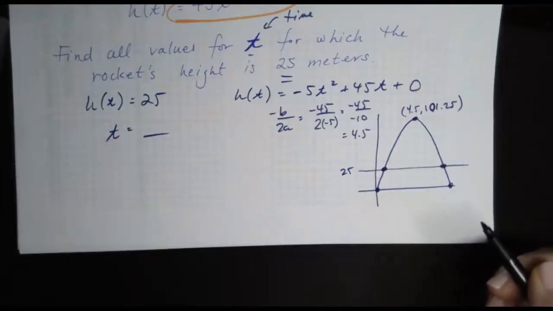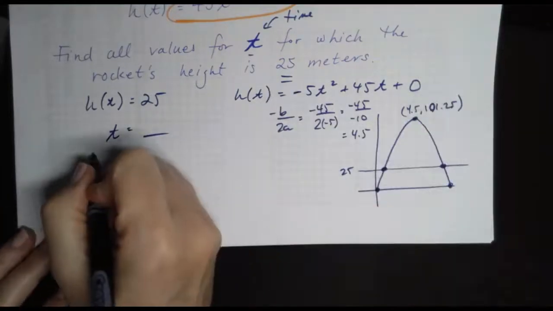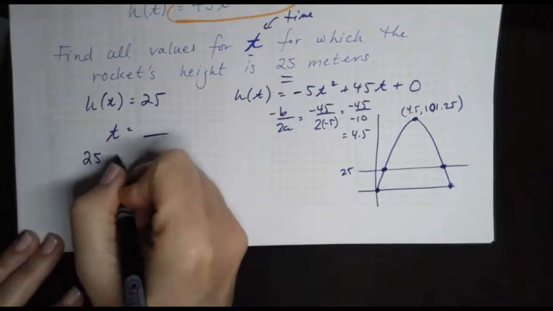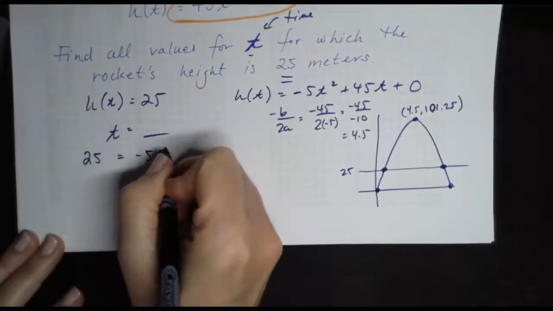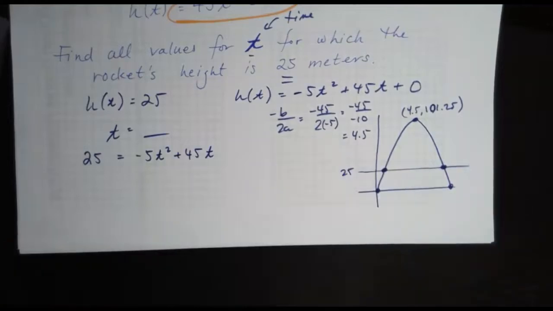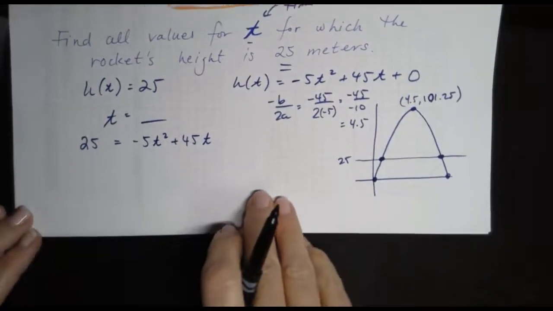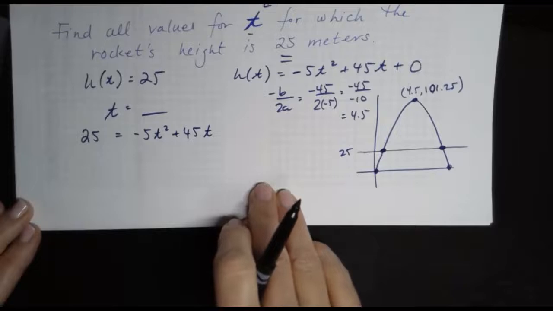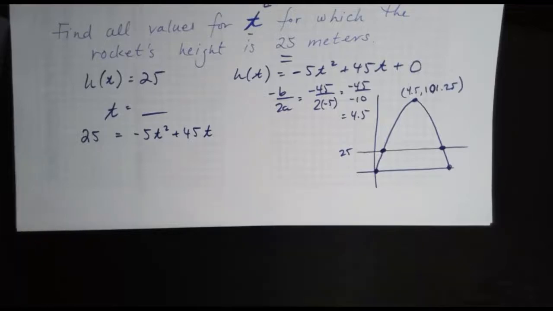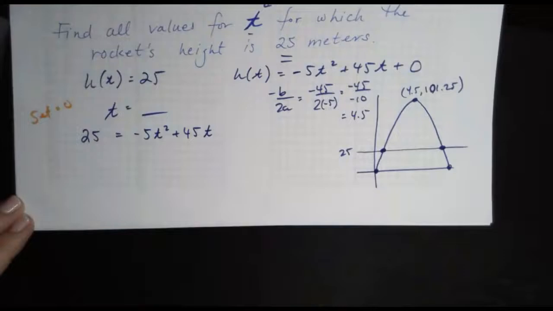How are we going to do that? We're going to set the function right there equal to 25. So 25 equals negative 5t squared plus 45t. And we don't need the 0. So what we've got here is a pretty simple quadratic equation that needs to be solved. Remember, in order to solve a quadratic equation, we need to be set equal to 0.